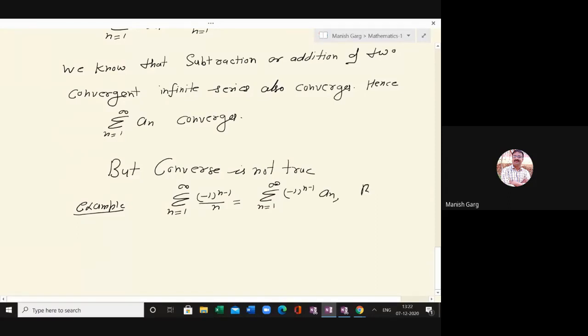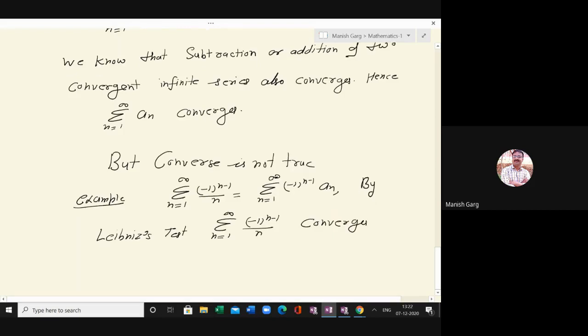So by Leibniz test, I will tell you what the Leibniz test is. I will prove this question. By Leibniz test, this series, the sum from n equals 1 to infinity of minus 1 to the power n minus 1 times 1 by n, converges.